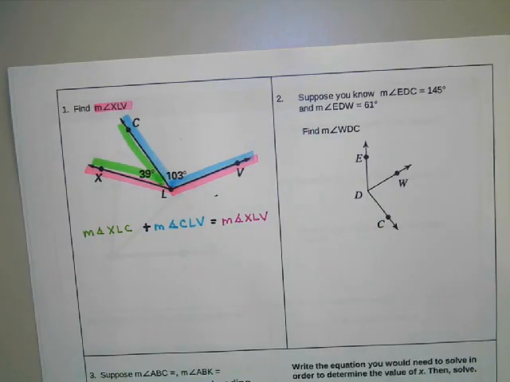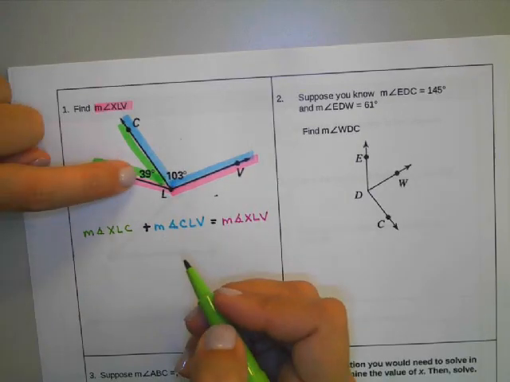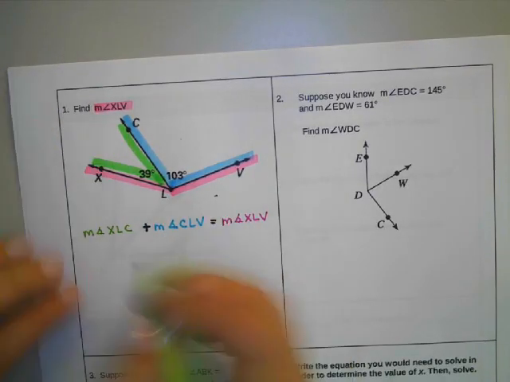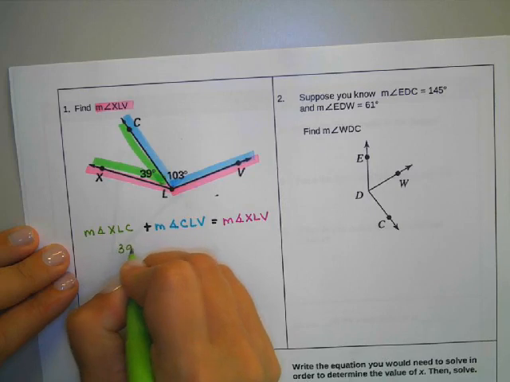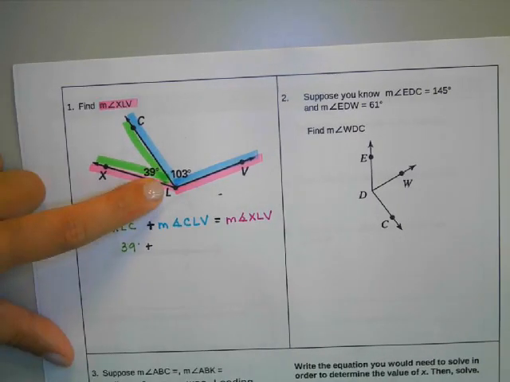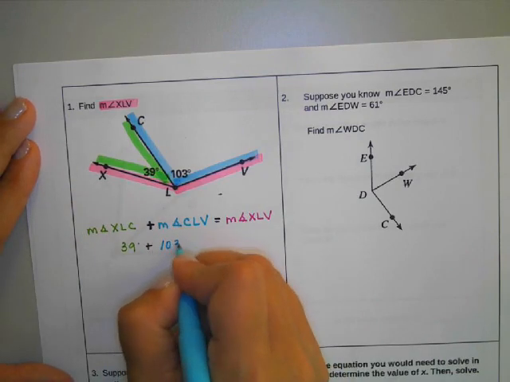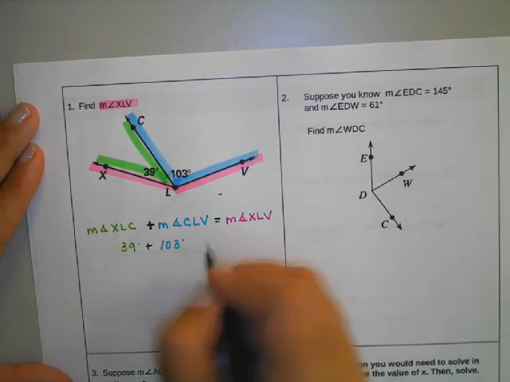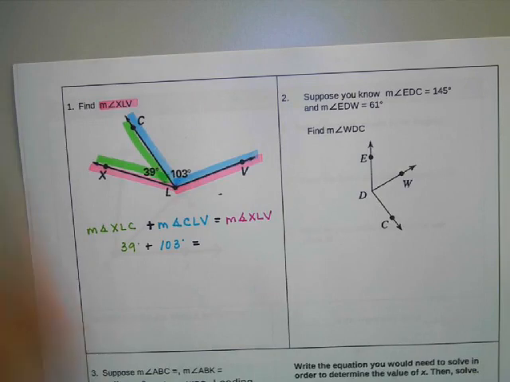Now, if I connect that to some of the numbers that I know because of the diagram, this first green angle is 39 degrees, plus, I know because of the diagram that this blue angle is 103 degrees. And that's going to give me my total.